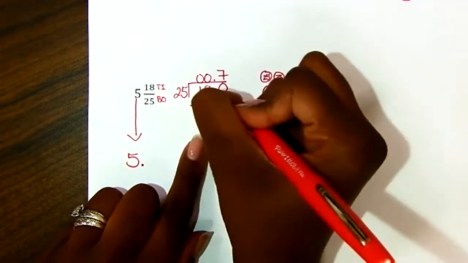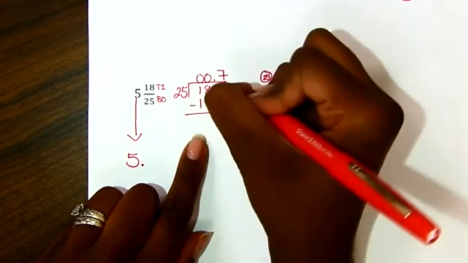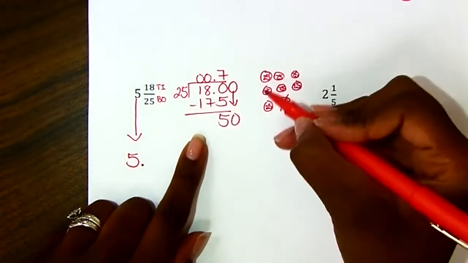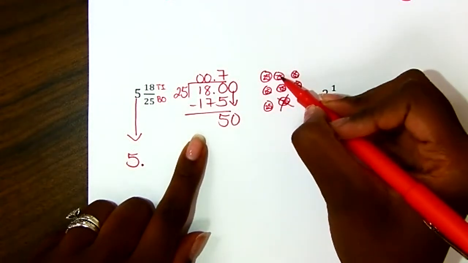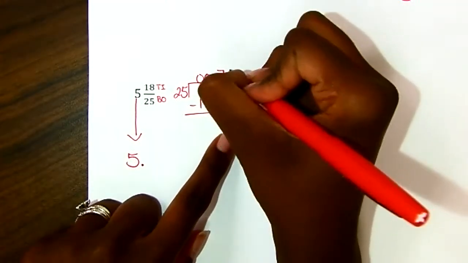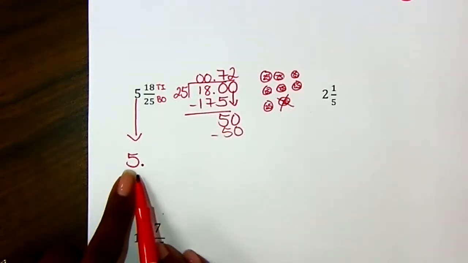I have 5 left over, so I'm going to add a 0. If I'm using my same picture over here, 1/4 is 25 cents, 2/4 is 50 cents. Now, remember, I had a whole number.